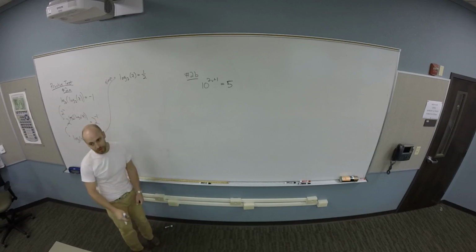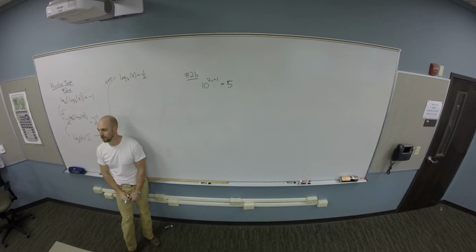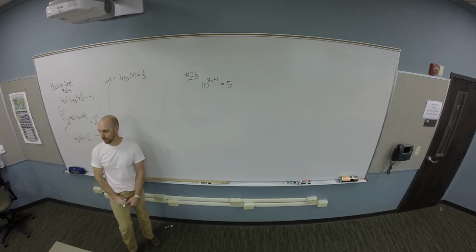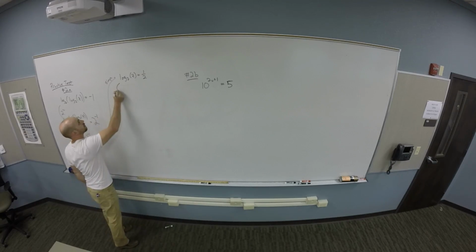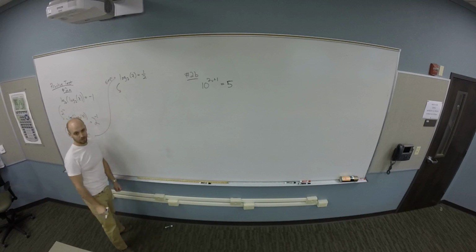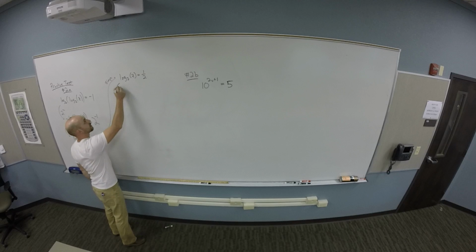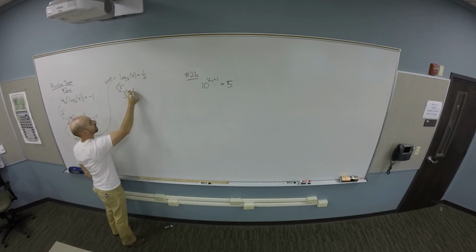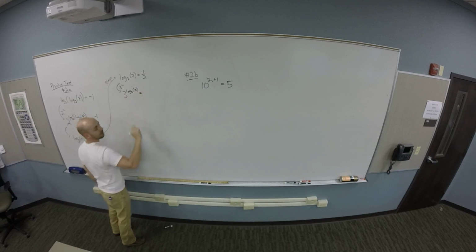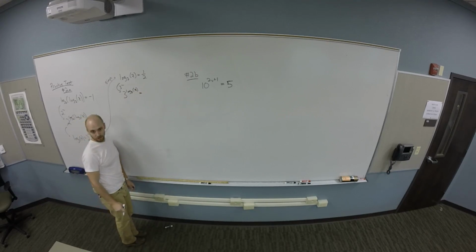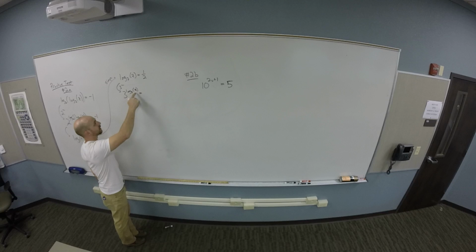Then what do you do to both sides? You want the z out, right? So you want to unlog base 3. So what's unlog base 3? 3 to the stuff. So I'll get 3 to the log base 3 of z, which is z.